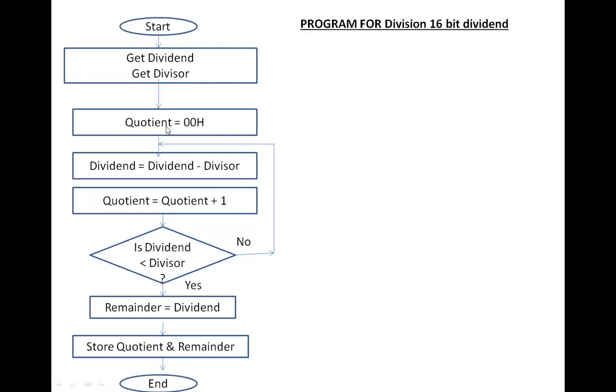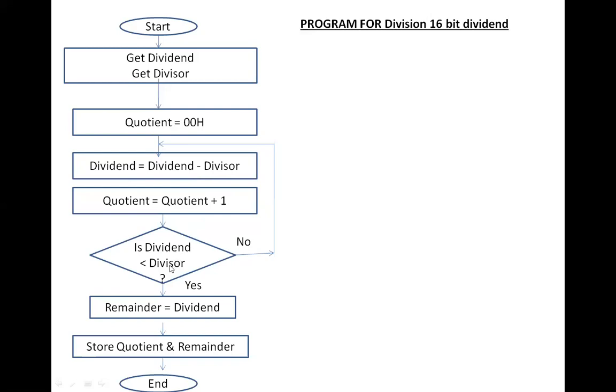Putting the quotient value as 0, and then subtracting the divisor from the dividend, increasing the quotient value by 1, and checking whether the dividend has become less than the divisor or not.